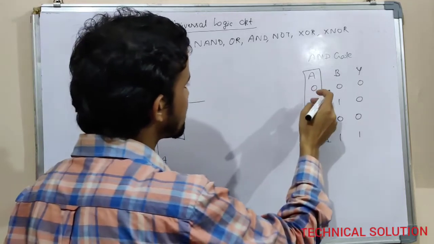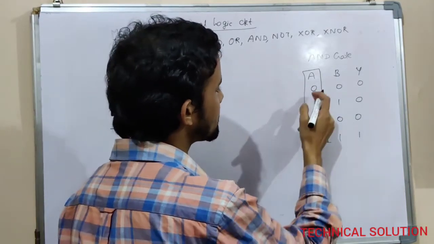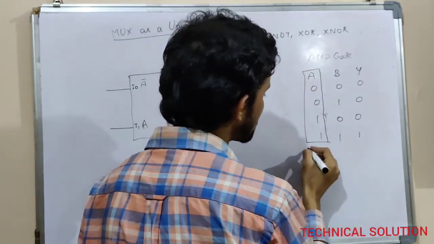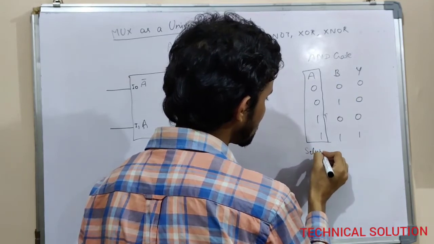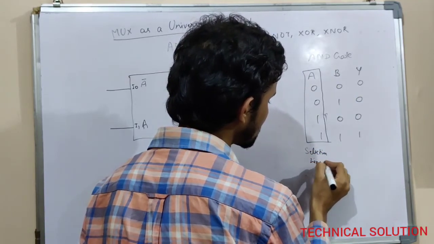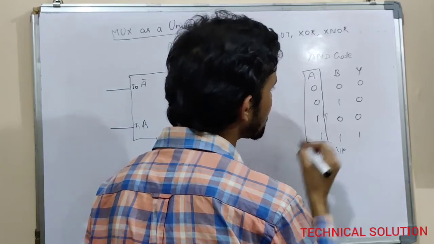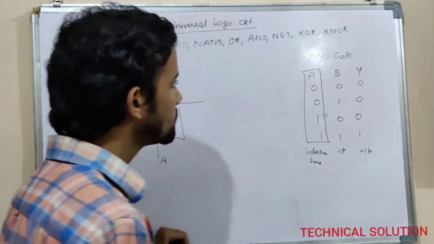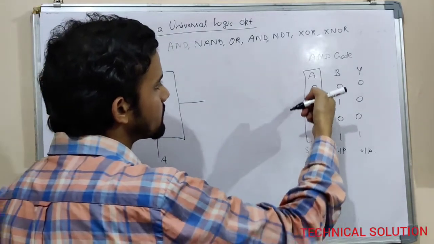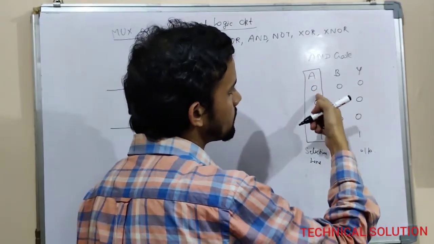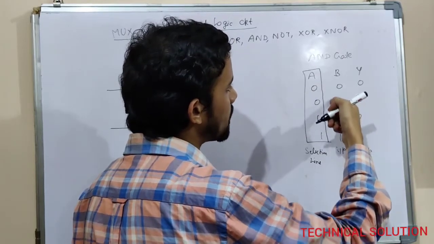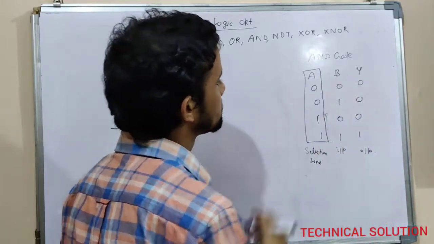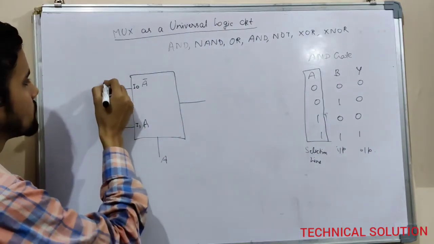So if this selection line is 0, then this will behave as an input, and this is output. If this A is 0, then irrespective of this input, the output is 0, so this line is tied to 0.